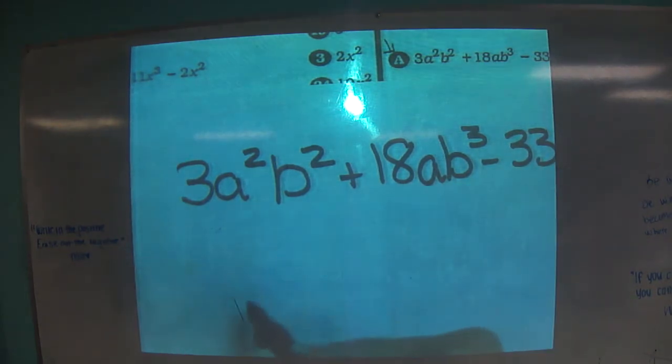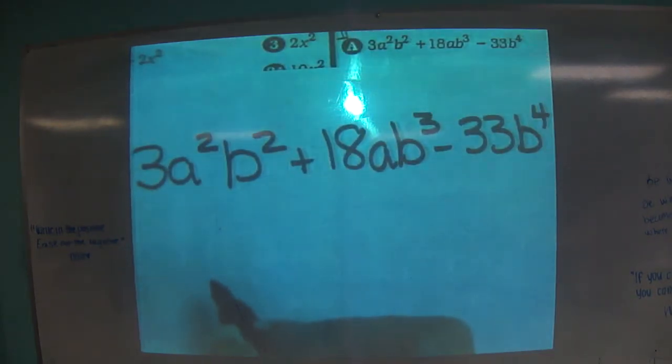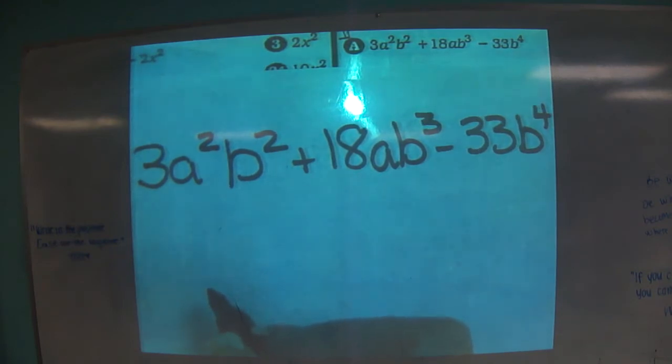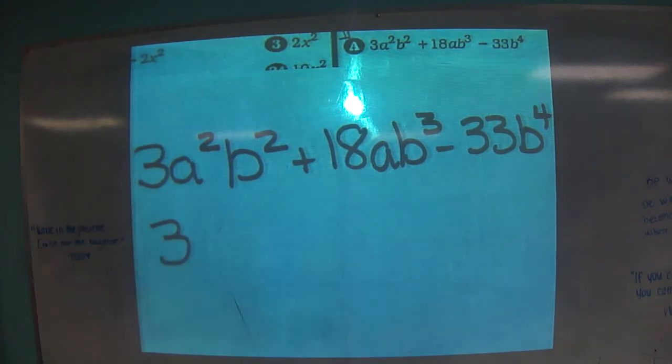What do the numbers have in common? They all have a 3, right? Pull it out. Do they all have A's? No, the third term does not. Okay? They all have B's though. How many B's do they all have?